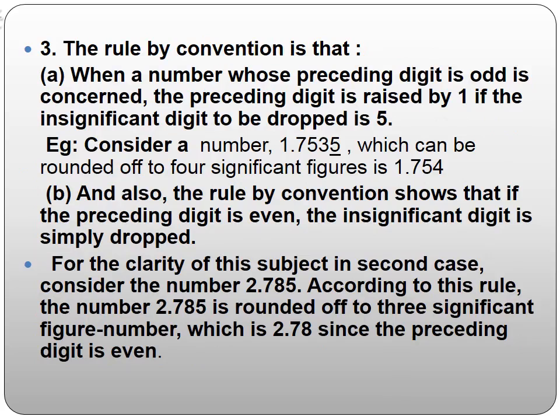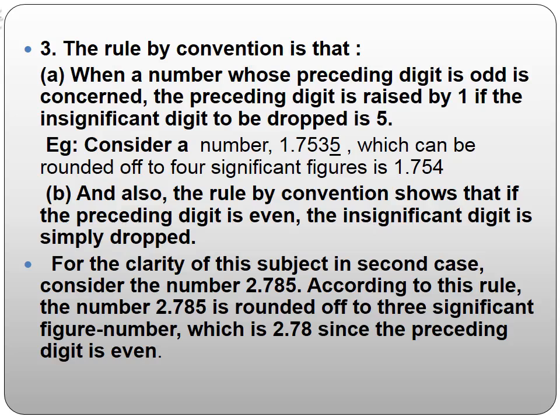And the third rule shows its application in 2 different cases. First case, when a number whose preceding digit is odd is concerned, the preceding digit is raised by 1 if the insignificant digit to be dropped is 5. For example, consider a number 1.7535, which can be rounded off to a 4 significant figured number, that is 1.754.